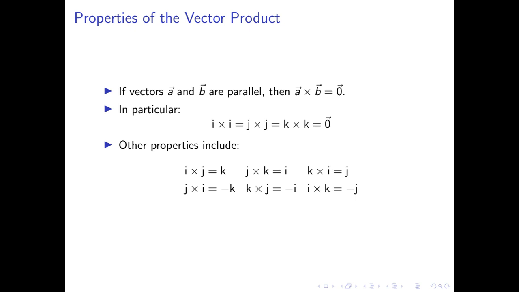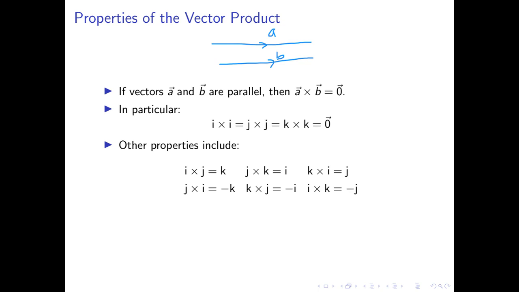The properties of the vector products are as follows. If vector A and B are parallel, by now you should be able to describe parallel vectors yourself. Say this is vector A, and it is parallel to vector B, right? Then you have A cross B to be 0.